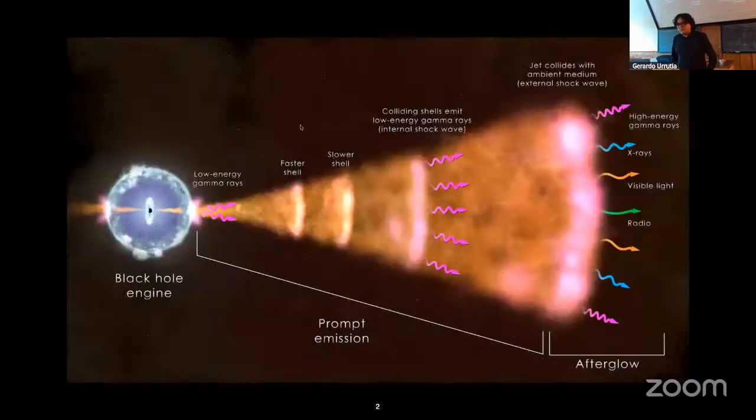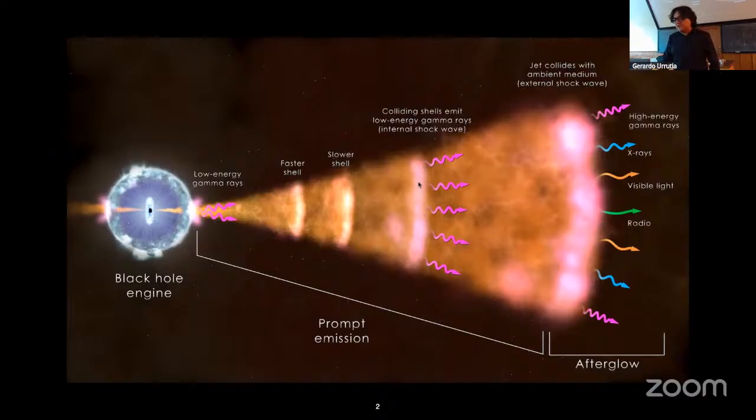So yes, one special thing that I want to say to you, which is part of our motivation, is that these jets are propagating for very long distances from the central engine. The jet is usually launched very close to the black hole, and it propagates at least 10 orders of magnitude in centimeters.